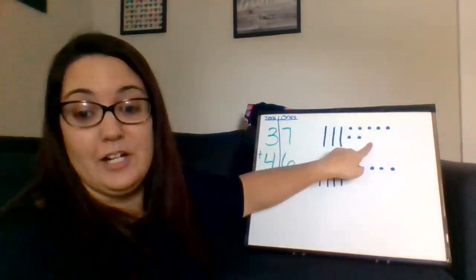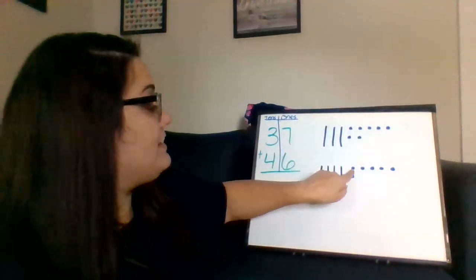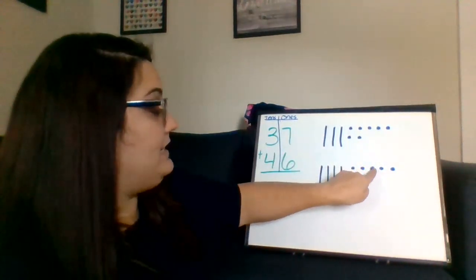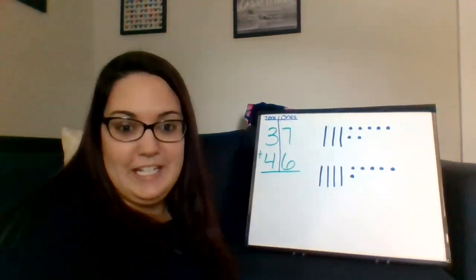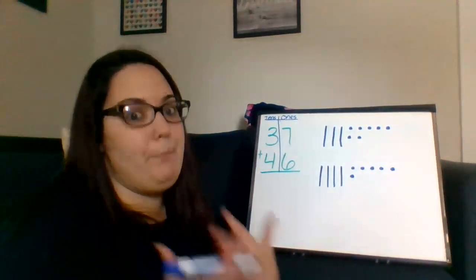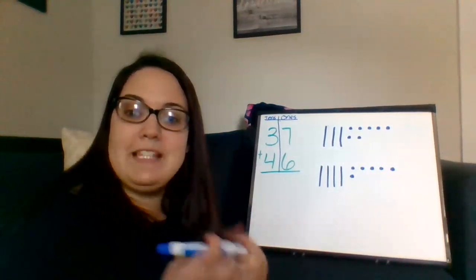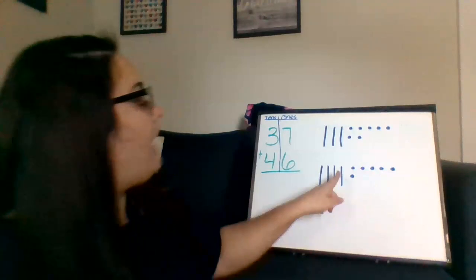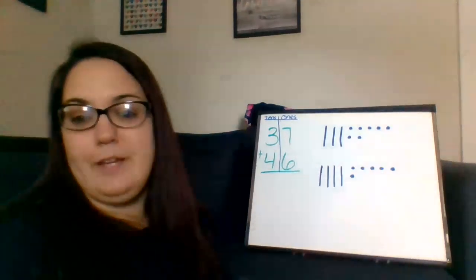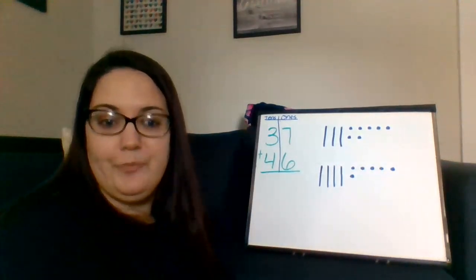I know I have 7 here, so I'm going to count on 6. 8, 9, 10, 11, 12, 13. 13 is bigger than 10, so that means I can make a 10. To do that with my drawing, I'm going to look to see which 10 frame is closer to being full.